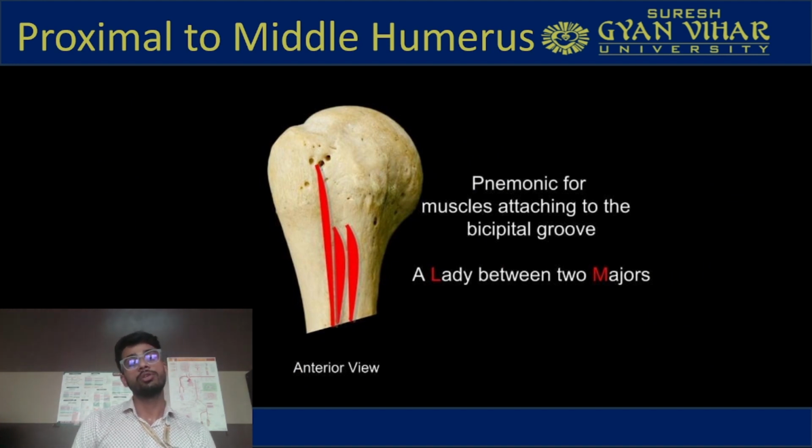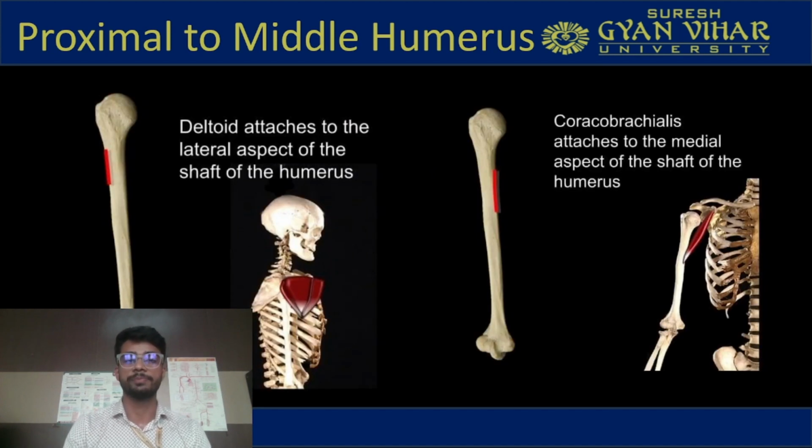First is the pectoralis major, present on the lateral lip, and then the teres major muscle is present on the medial lip of the bicipital groove. So we can remember this by the mnemonic, a lady between the two majors. The lady is the latissimus dorsi, and the teres major and pectoralis major muscles are the majors. In between those, latissimus dorsi is present.